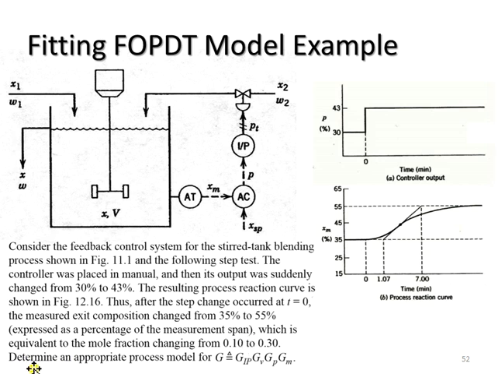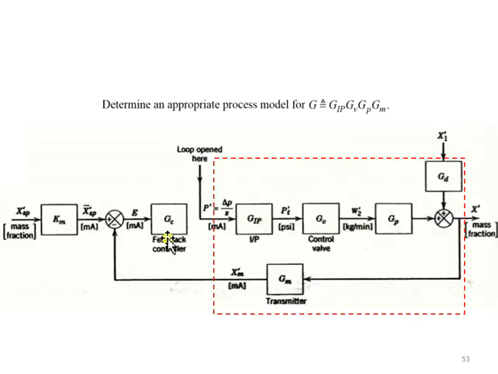The question is to determine the appropriate process model to represent the transfer function involving this process, GIP, GV, GP, and GM. So we are going to estimate the FOPDT to represent these four blocks, which represent the process model.